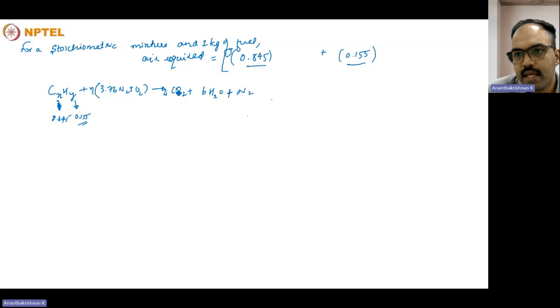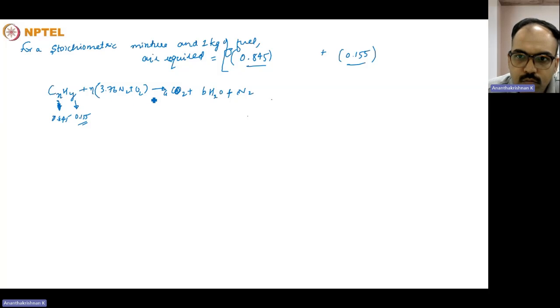And in the case of H2O, similarly, if 0.155 is the mass of hydrogen, the number of moles of oxygen on the reactant side will be half of this, and the atomic mass of oxygen is 16. So 16 by 2 into 0.155 gives the oxygen corresponding to the H2O, and these two combined give the total oxygen on the reactant side.